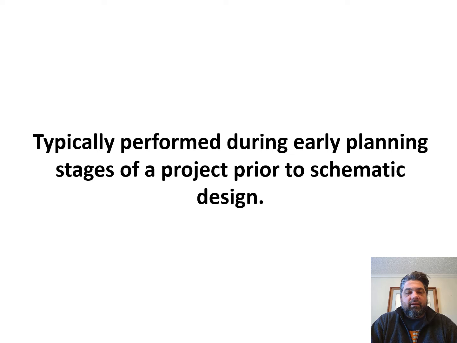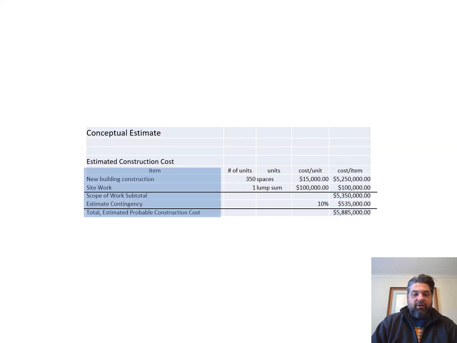That's typically performed very early in the project. Conceptually, you would approach it this way: I've got new building construction, some site work, a subtotal, an estimate contingency, and then my estimate of probable construction cost.